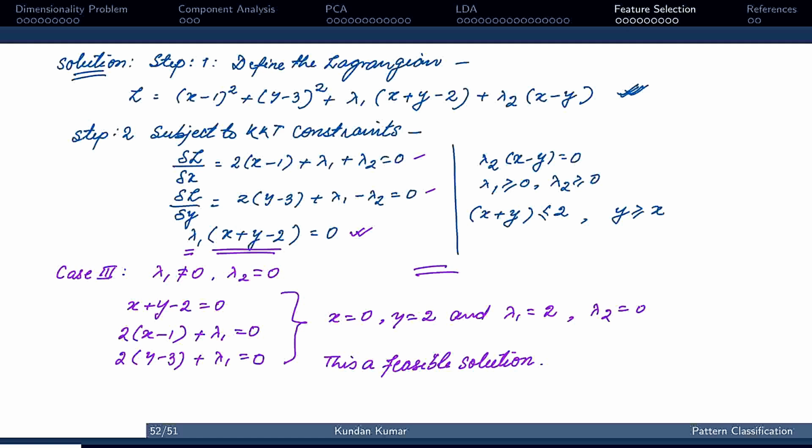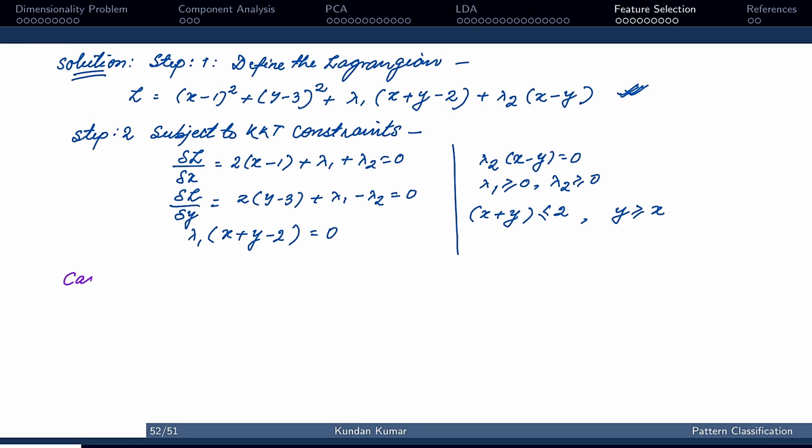Now let us check case 4. In case 4, we assume lambda 1 as non-zero and also lambda 2 as non-zero.